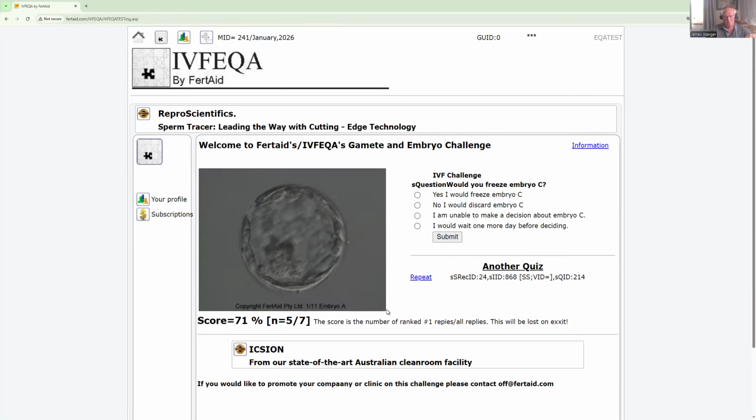Let's do number 8. So we have to wait. Unfortunately, I probably shouldn't have. I can't help this, it just randomly pulls this out. Would you freeze embryo C? And it's a little bit dark. I should have made this a bit lighter.